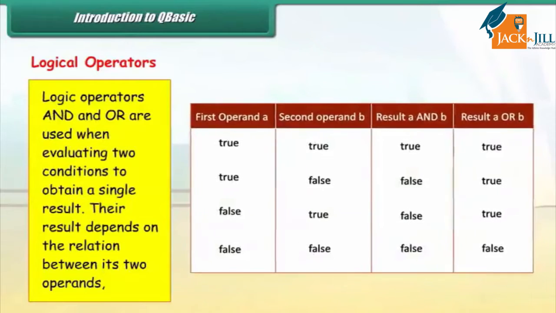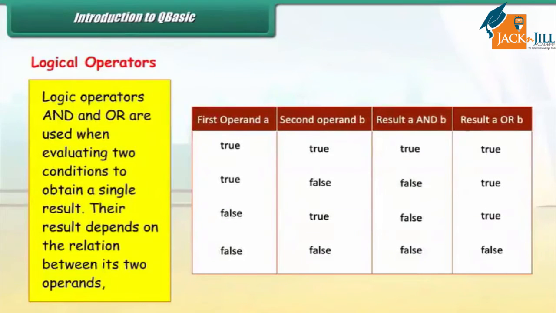Logical operators AND and OR are used when evaluating two conditions to obtain a single result. Their result depends on the relation between its two operands.